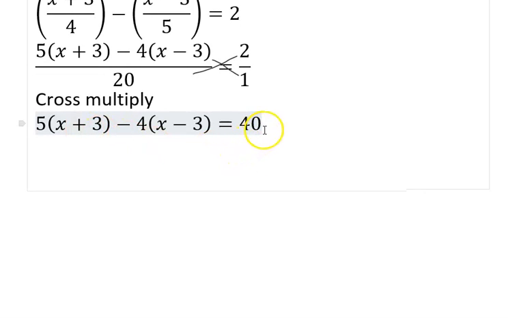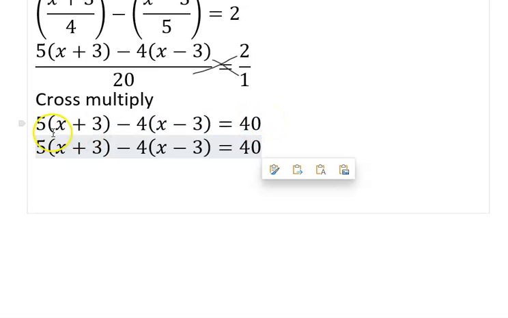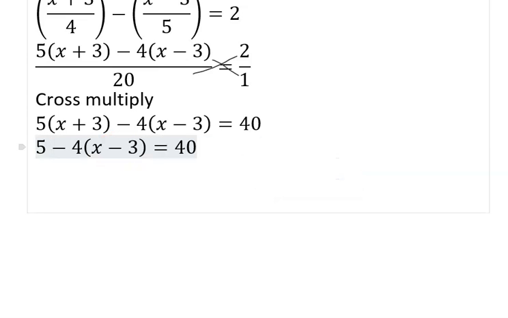So let's open up this bracket to make our job easier. 5 times x here will give you 5x. Plus, it's plus that we have here. 5 times 3 here will give you what? 15. That means we'll be able to open up this that we have here.